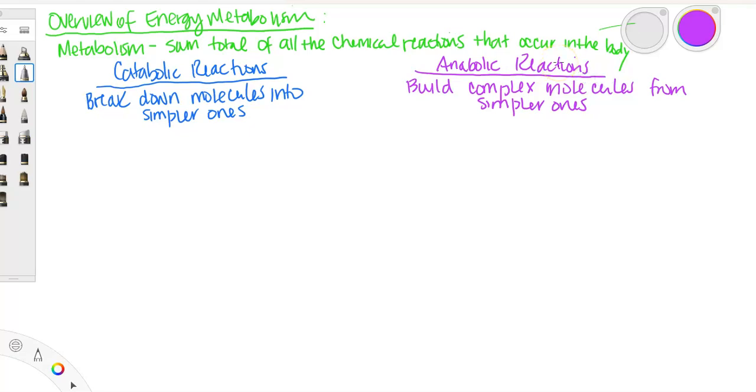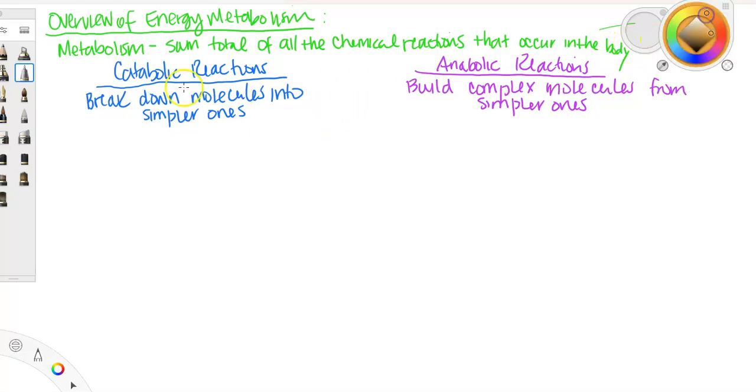So the catabolic reactions break the molecules down into the smallest simple elements, and then anabolic reactions take those constituents and use them to build other molecules.